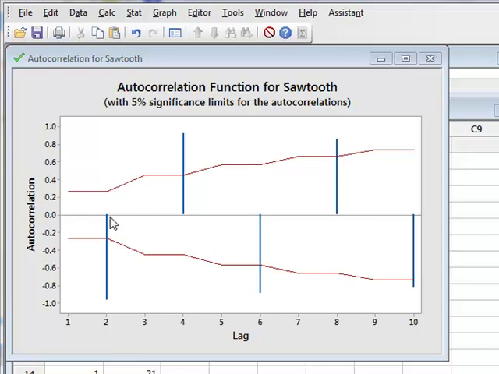It also shows strong negative correlation after the first half of the period of the waveform with 2 lags, and then again every half period at 6 lags and 10 lags. So this sawtooth waveform is showing strong positive correlation when the overall lag is equal to an exact number of periods in the waveform, and strong negative correlation when it's equal to half periods within the waveform.